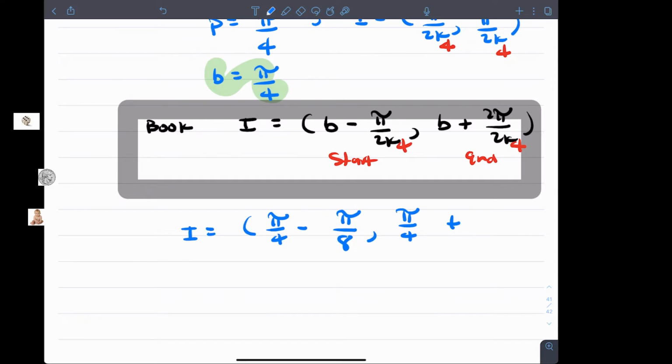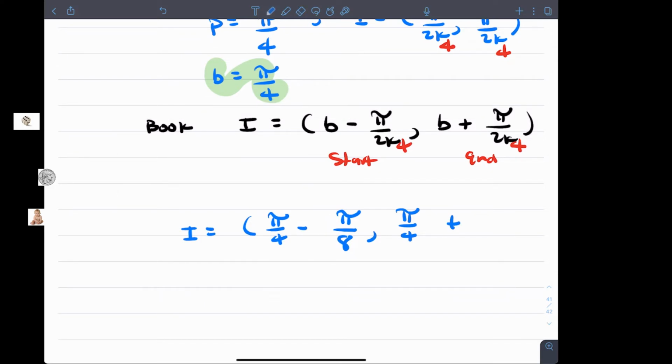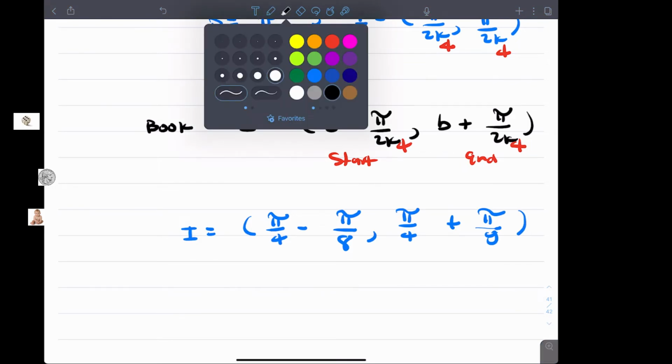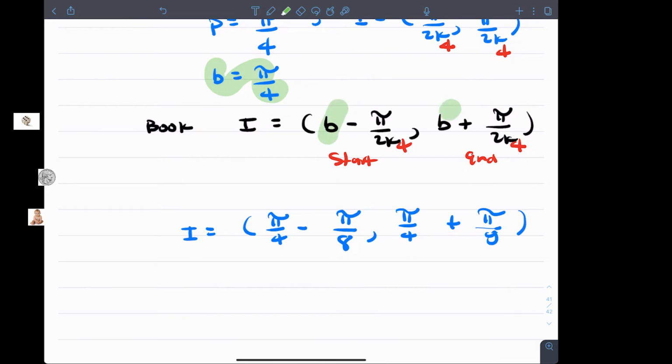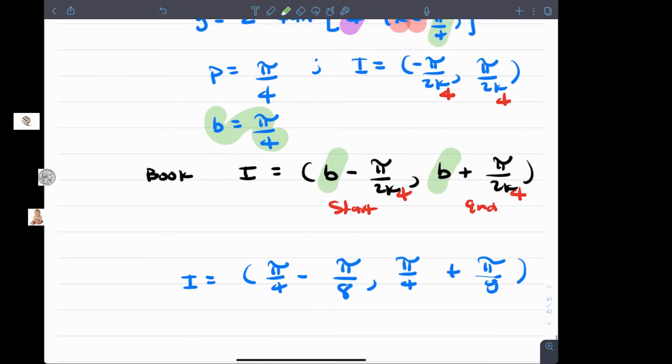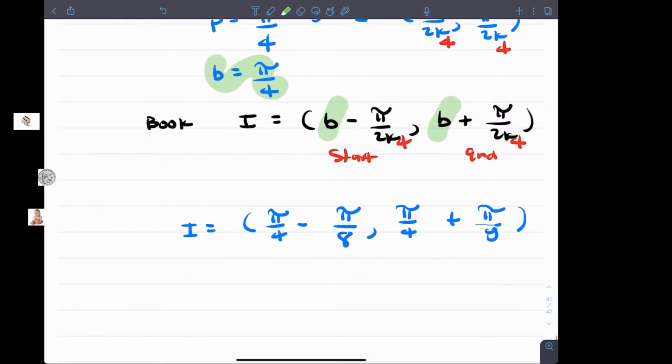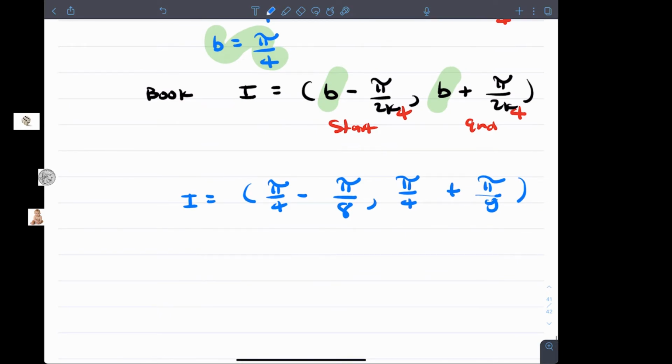Plus pi over what? 8. So every time you have that phase shift, you put that B in both locations. Moral of the story: B goes here, B goes here with the interval of one cycle definition.